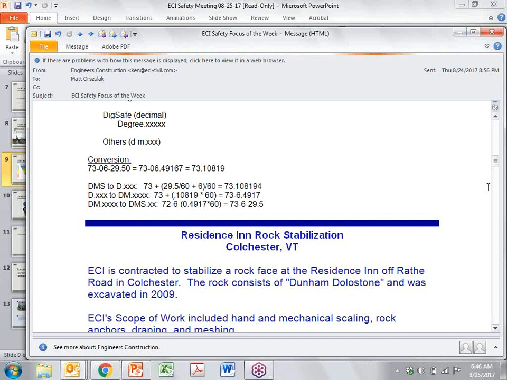So it gets kind of complex. You've got to know which direction you're heading. If you're calling in to DigSafe, you have to know that the format is different than if you just look on your Google Earth design. Your Google Earth gives you that coordinate to the hundredth of a second.